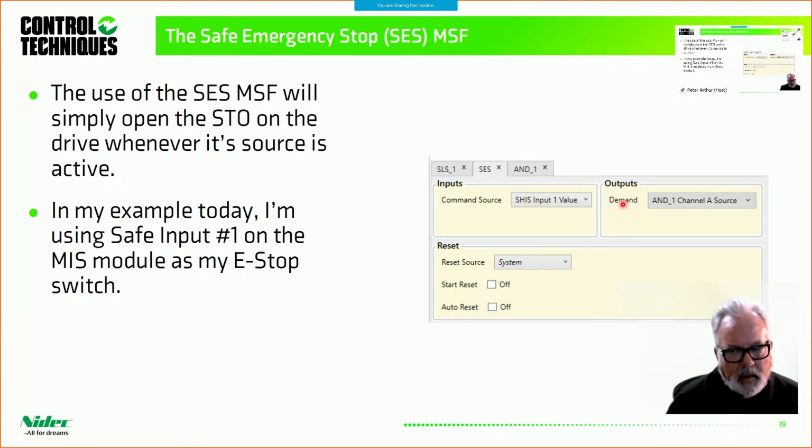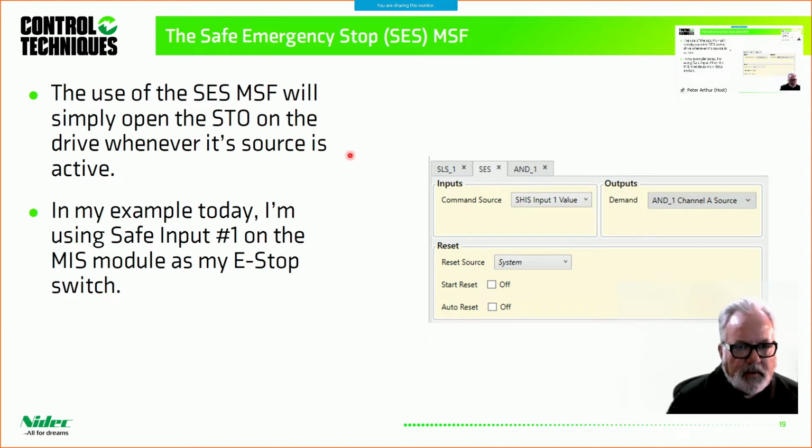And the demand, as I mentioned, is the first input to my AND. So I'm ANDing this and this together to produce an output. And again, the reset is my system 1631. No, I don't want it to automatically reset or start reset. So that's my safe emergency stop.